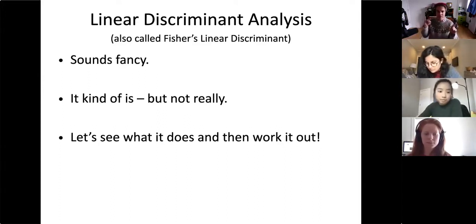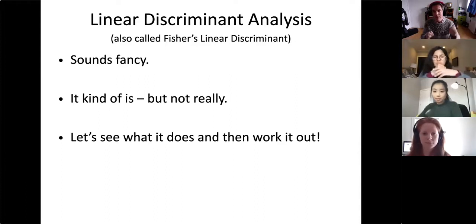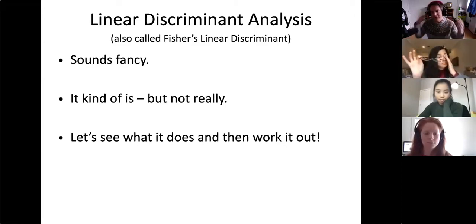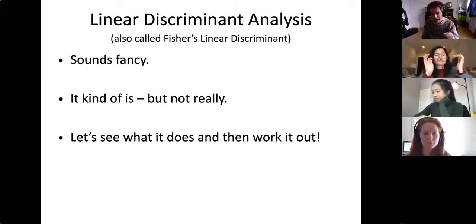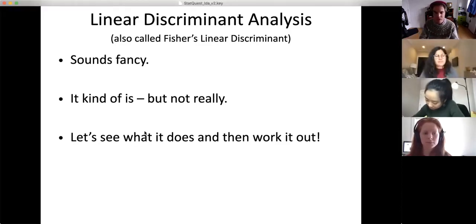The big difference between linear discriminant analysis and everything we've seen before is that before, we didn't know what we had and just wanted to see if we could cluster things in interesting ways. This time we're going in knowing what the groups are, and we're saying, I want you to separate those as best as possible. That's what we're going to see here.